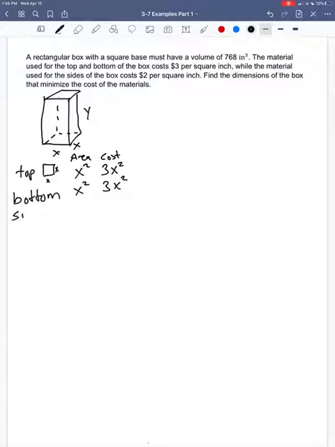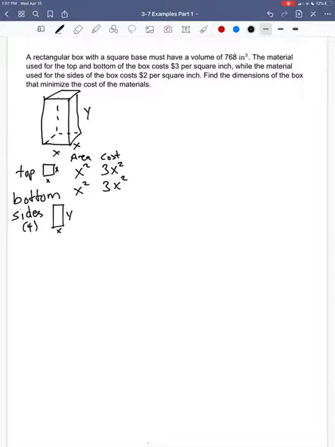The sides are different, right? The sides are like this here. It's going to have an x across the bottom, and the height would be y. So this would be my sides, and of course there are 4 sides as I go around this figure.